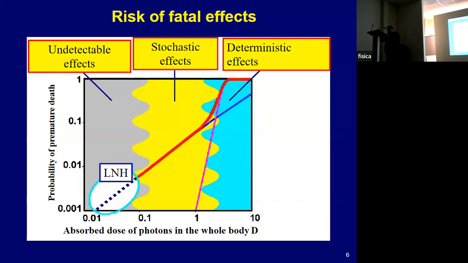For the purposes of radiation protection and safety, deterministic and stochastic effects of radiation are considered, the development of which can lead to premature death or a significant reduction in the period of normal life. The probability of developing stochastic effects, on this slide the blue curve, and deterministic effects is shown by the red curve.